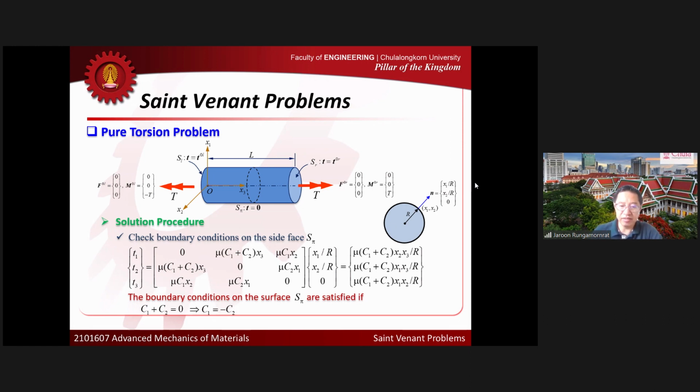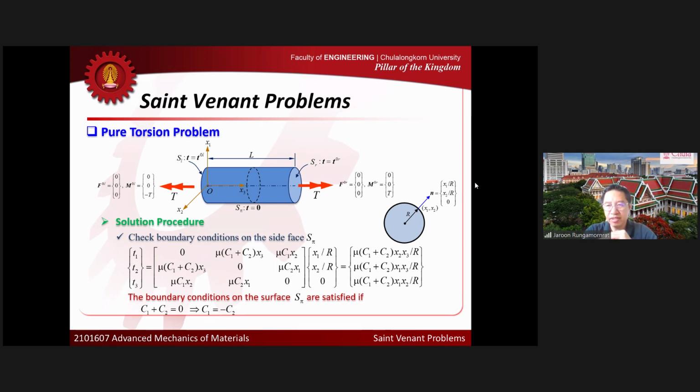If that is the case, now the boundary condition on the side face is satisfied. Based on the enforcement of the boundary condition on the side face, I can reduce from 2 unknown constants to a single constant, because C1 and C2 now are not independent.